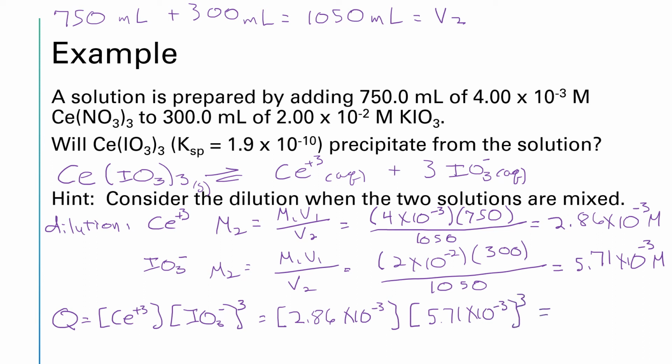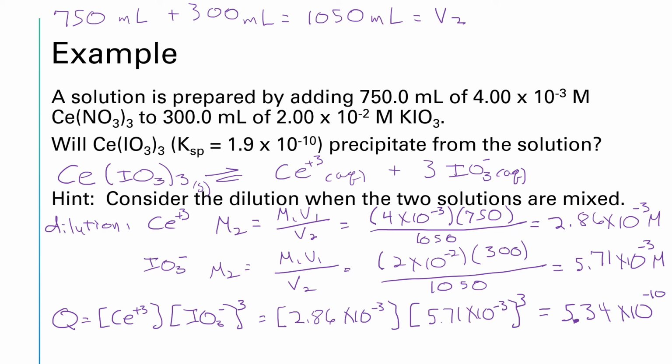I already have that number shown on my display, so I'm going to raise that to the third power. And then I'm going to multiply that by 2.86 E negative 3, and I end up with a value for Q of 5.34 times 10 to the negative 10. So 5.34 times 10 to the negative 10 for Q.